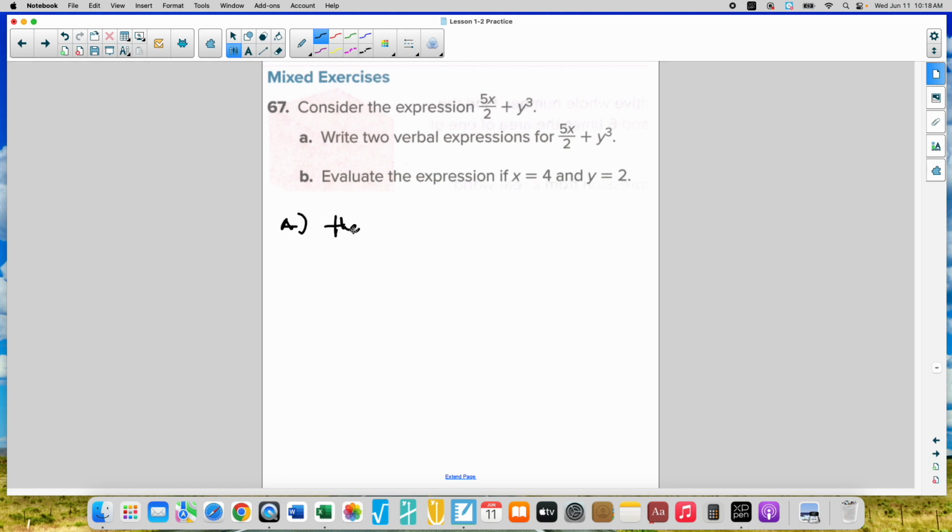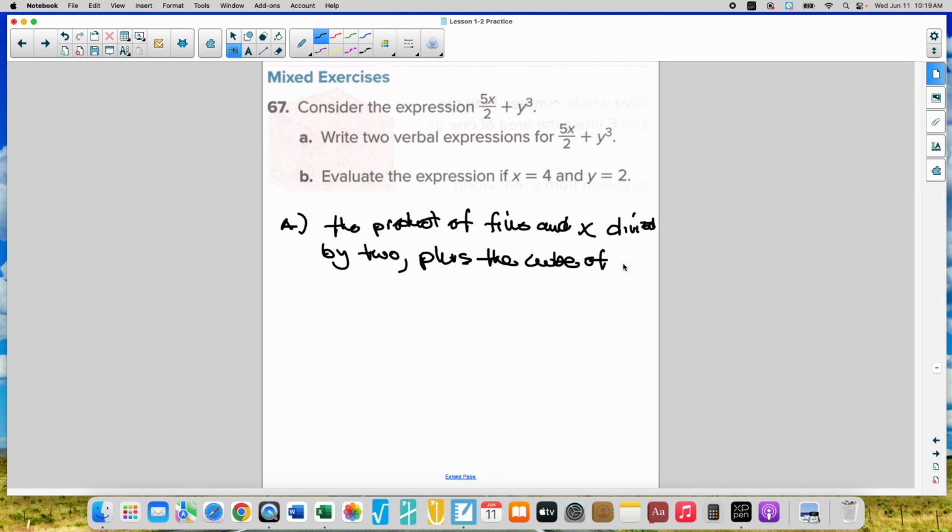So the product of 5 and x divided by 2 plus, it's one way of saying it, plus the cube of y. I'm only writing one verbal expression.